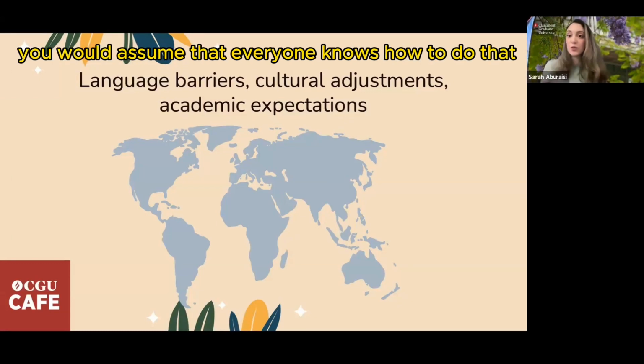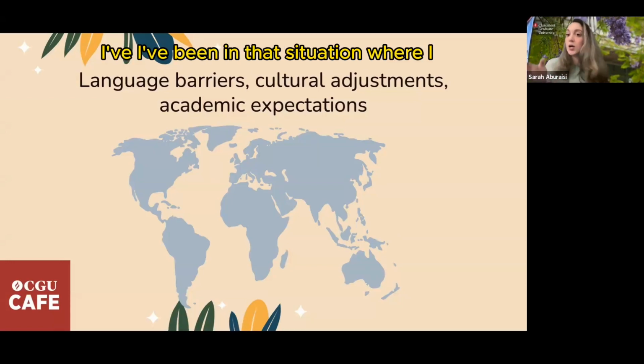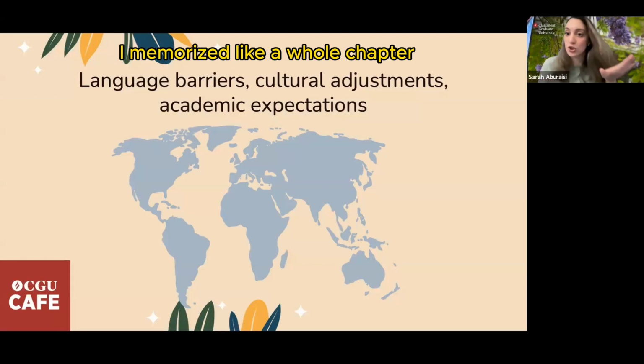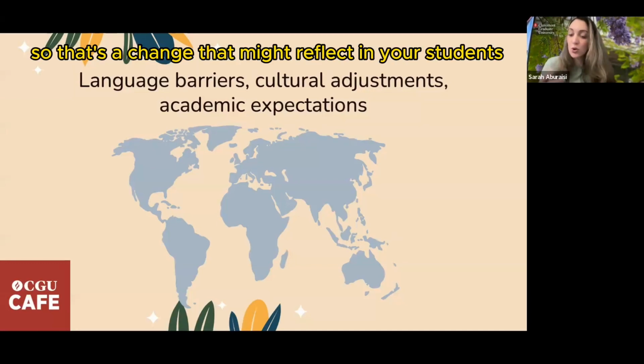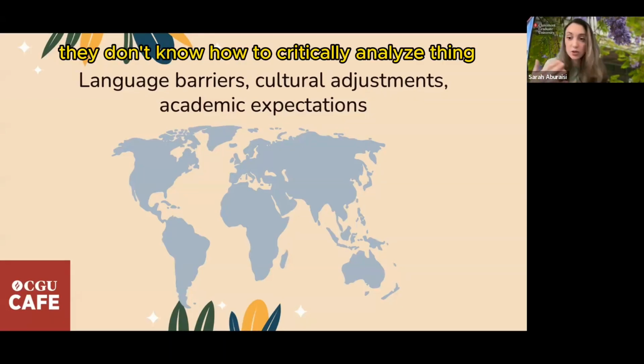You would assume that everyone knows how to do that, but that's not true. Sometimes it's rote learning and memorization, and I've done that. I've been in that situation where I memorized a whole chapter. So that's a change that might reflect in your students' performance in your class, grade-wise as well. They don't know how to critically analyze things.